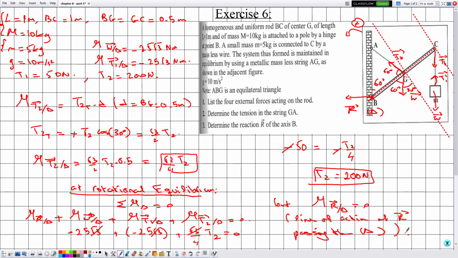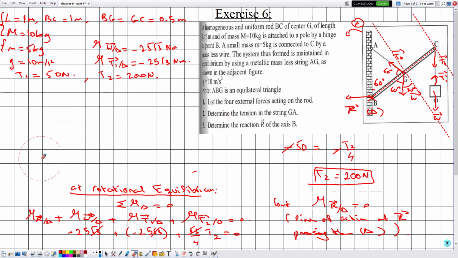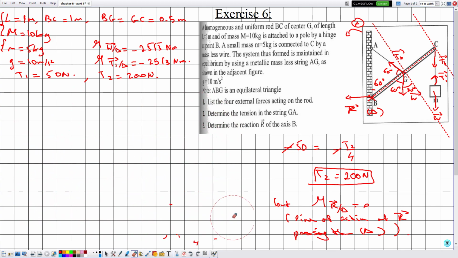Now we need to determine the reaction R of the axis B, and this can be determined using the translational equilibrium.